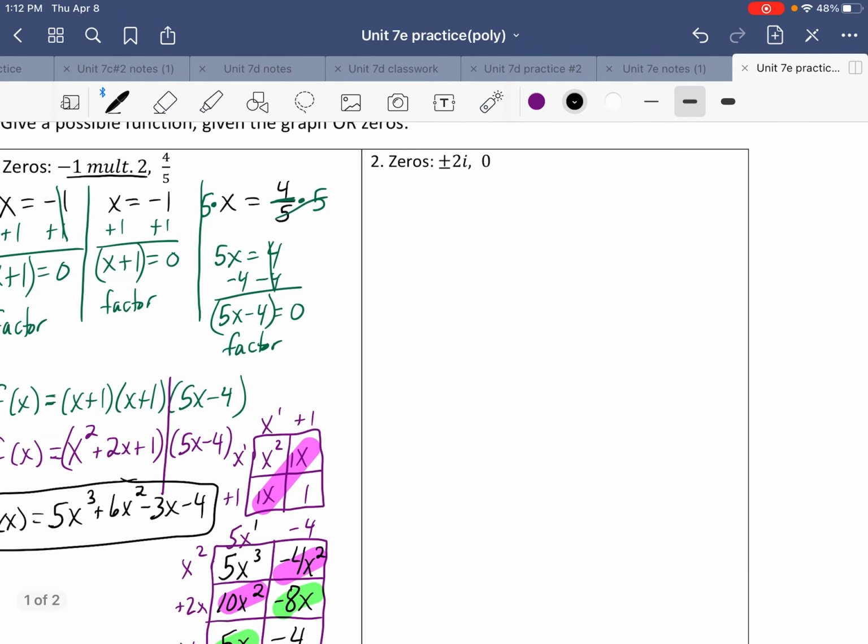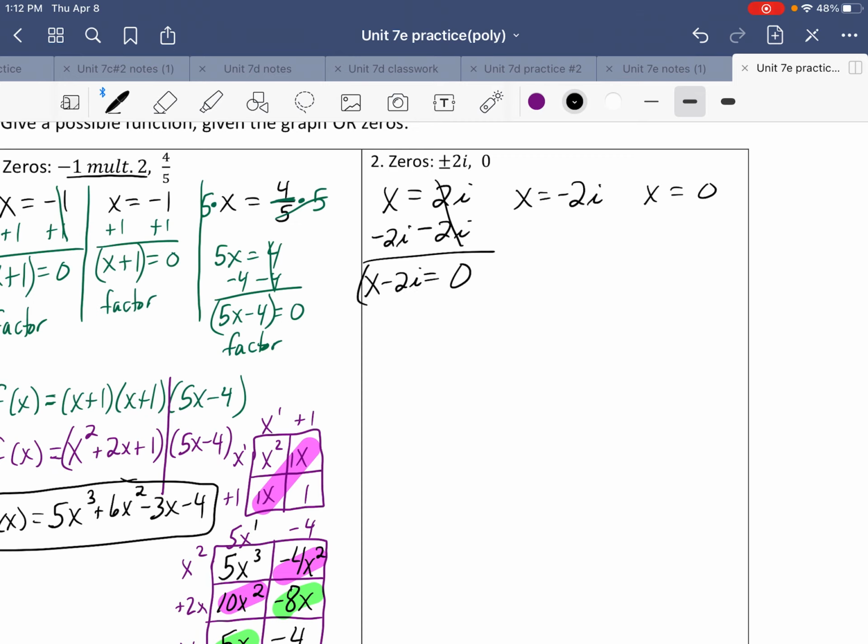Number 2, set each zero equal to x. So x equals a positive 2i, x equals a -2i, and x equals 0. So we have subtract 2i, subtract 2i. I know it's imaginary, and I know it's kind of weird, but we can subtract them.